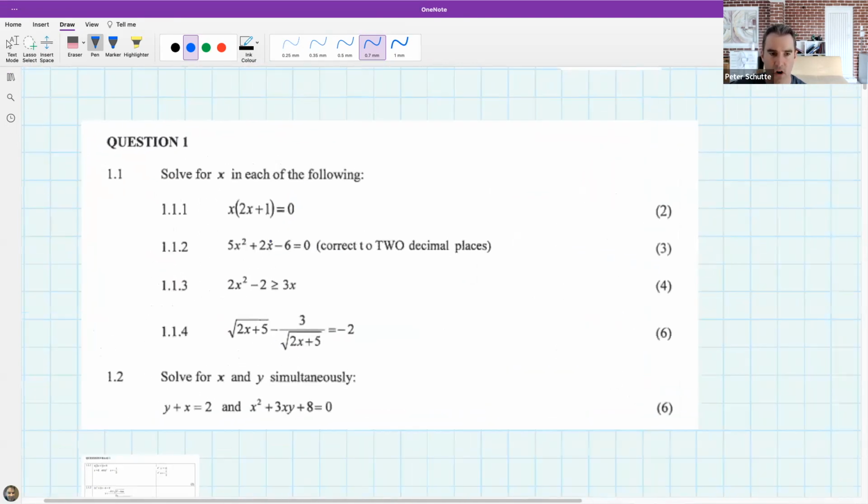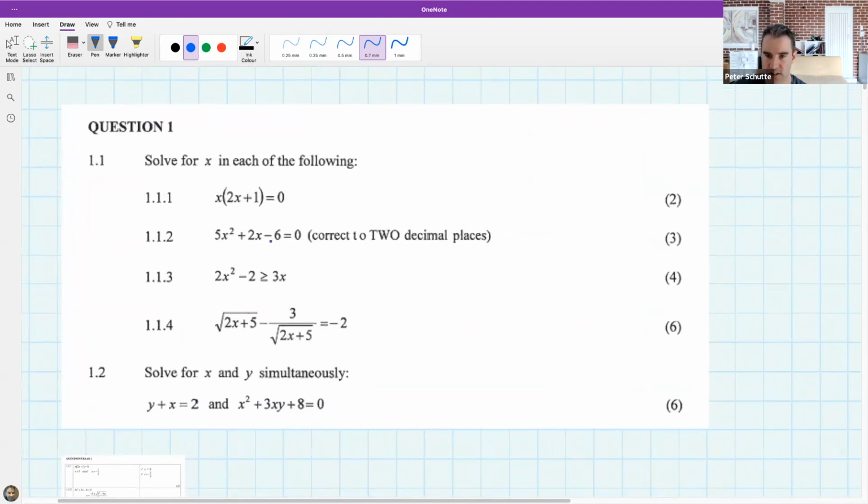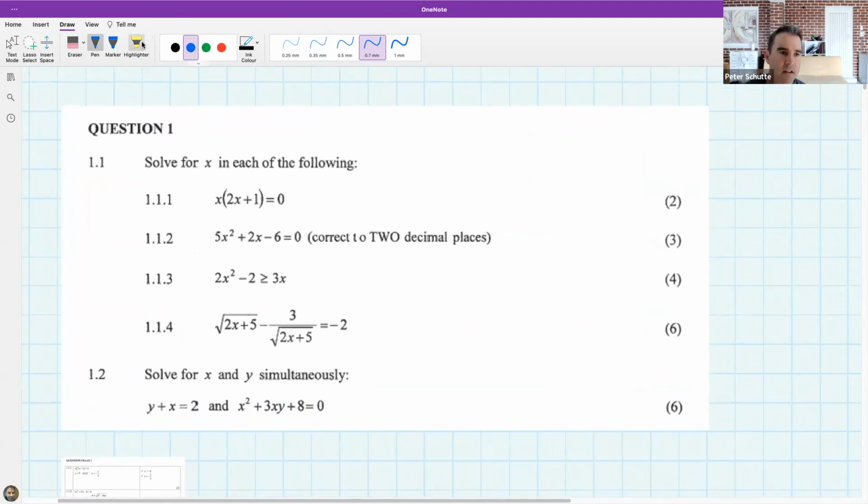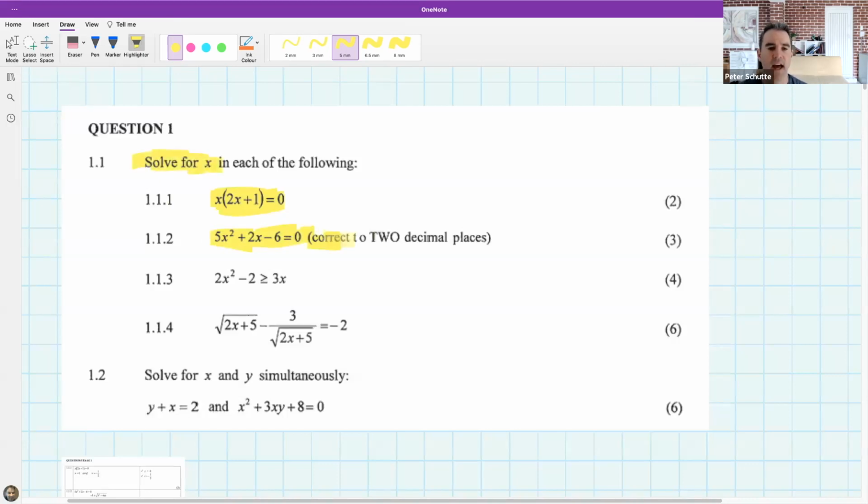And I'm going to ask you to start today by solving question 1.1.1 and 1.1.2 for me. So solve for x, and I'm going to give you 2 minutes now, and you are going to do the best you can to solve these 2 questions. If you get stuck, you're going to raise your hand, but otherwise you are going to try and do this yourself. Okay.